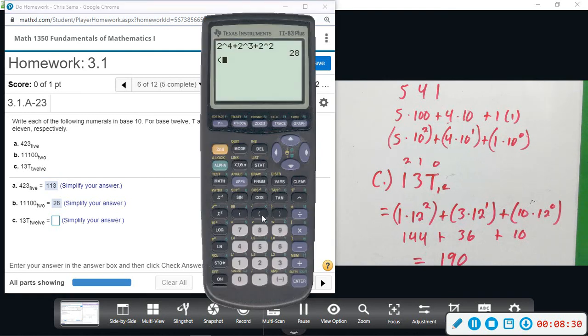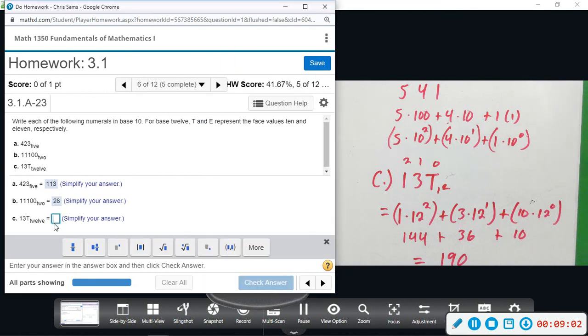So parentheses 1 times 12 squared, and then close, and then plus open. We'll do 3 times 12 to the first power, and then we'll do plus open, and then 10 times 1. Okay. So that 12 to the 0 is just 1, and we get 190. Okay, so 190.